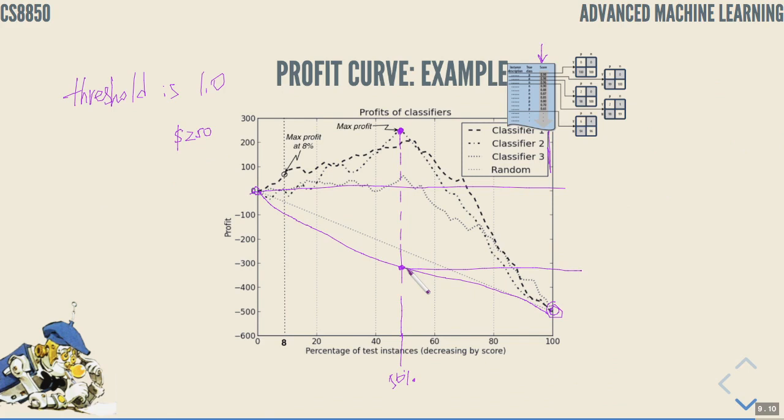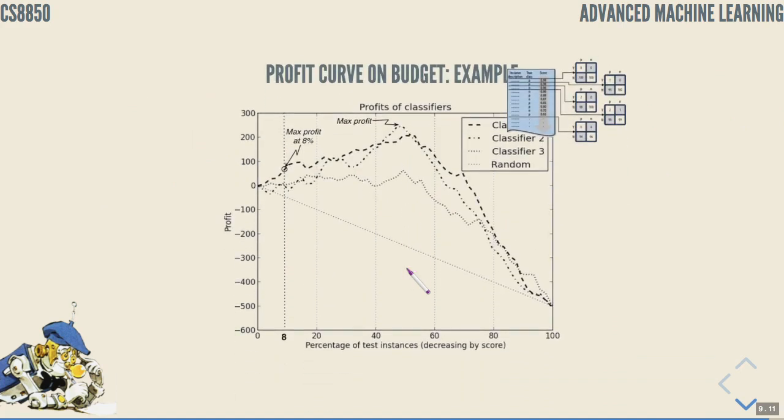But imagine a situation when you have a limited budget. It's not that you can just take max profit and keep sending stuff out to half of the customers. Think about a situation when you have 100,000 customers, but only $40,000 for your marketing campaign.